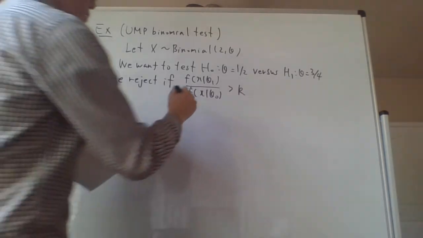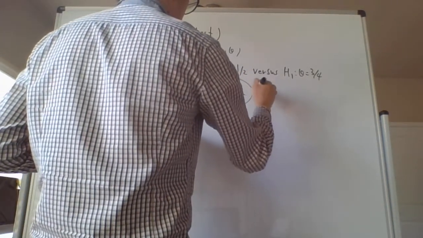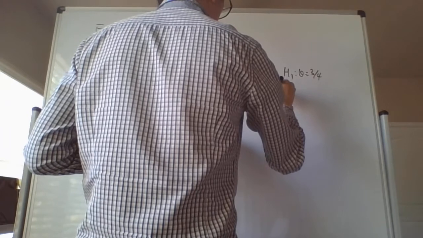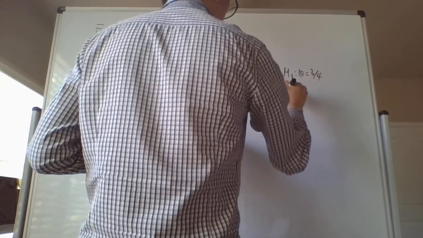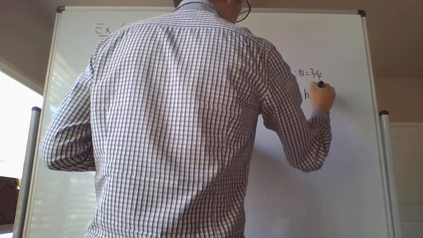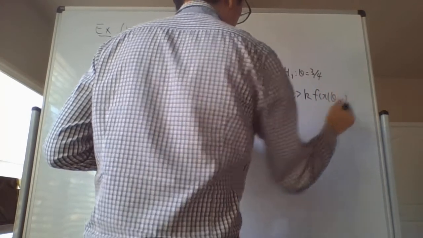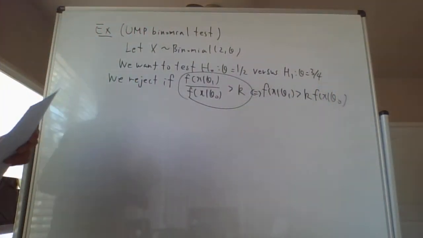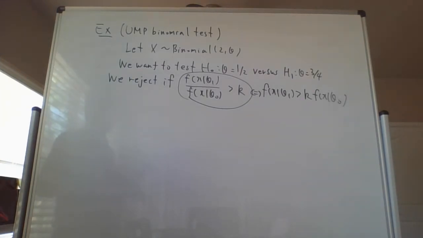So this is the first condition that we have discussed. So we need to find this ratio, and by choosing different k, we can have a different rejection region.